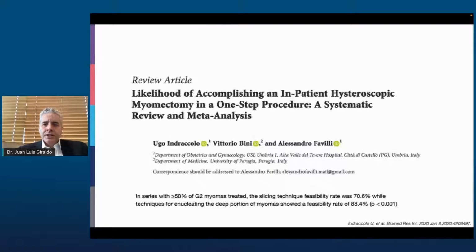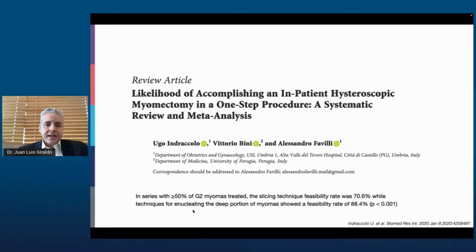I don't want to go into the analysis because we don't have time for that. But basically, their conclusion is that in FIGO2 fibroids that have more than 50% of intramural volume, the slicing technique allowed the complete resection in one single surgical procedure, one-step procedure, in 70% of the patients.